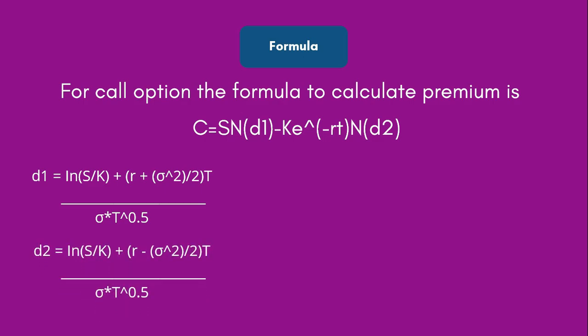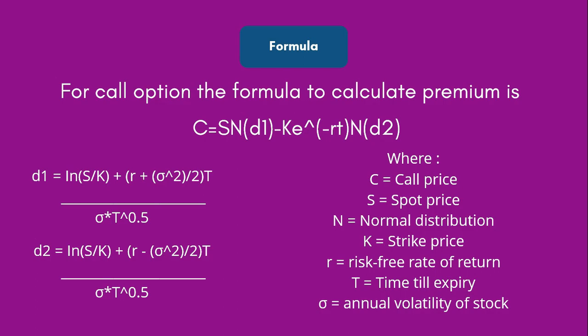Similarly, if I talk about d2, the formula stands like this, where C, S, N, K, r, T and sigma stand for call price, spot price, normal distribution, strike price, risk-free rate of return, time till expiry and annual volatility of the stock. You need not memorize this formula, no need to memorize or write it somewhere else.